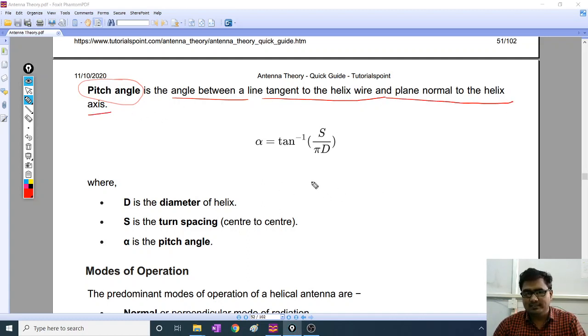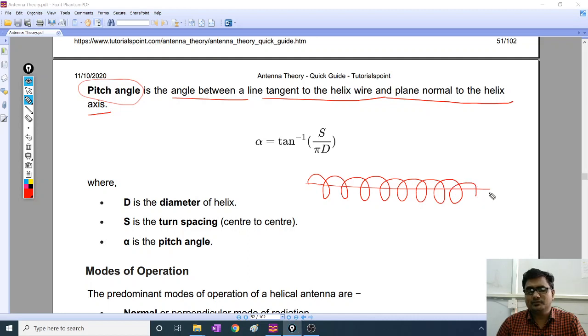For example, if this is the helix axis and I have my helix like this, you imagine 3D. Now draw a normal plane. Normal plane means in 2D it will be like this. This is the normal plane. And what is the tangent? Tangent is this. Then probably this is the pitch angle.